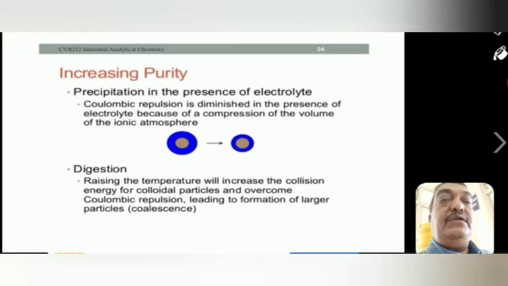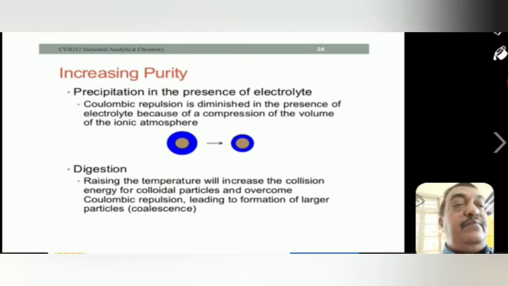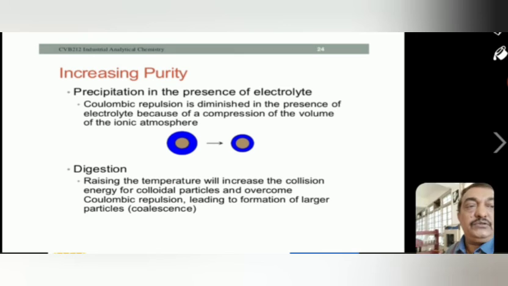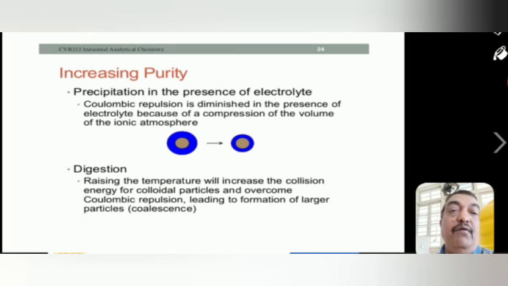This is done just by adding the proper electrolyte and keeping the condition of conversion of colloidal particles into crystalline condition, and at the same time one has to look into the fact that the digestion should be done at a proper rate, that the temperature should be increased to nearly 100 degrees centigrade, whereby only the crystals will settle at the bottom.